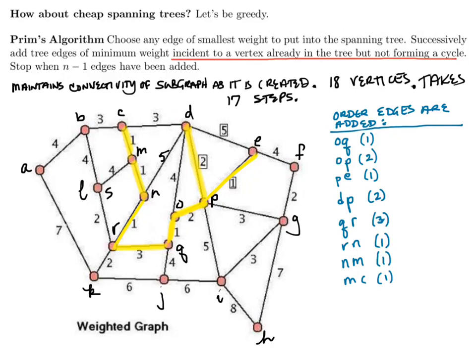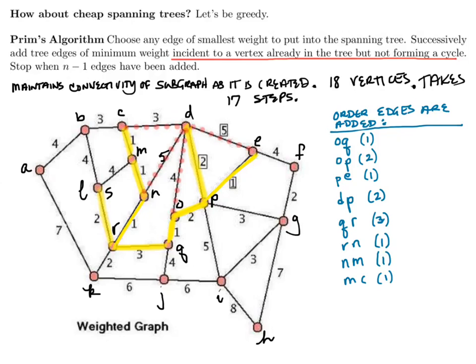So I'm going to add RS as the edge of weight 2, and where you see those dotted lines, those are edges that are forming cycles, so we won't ever have to consider them again.